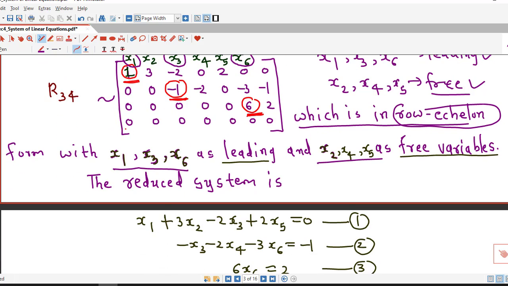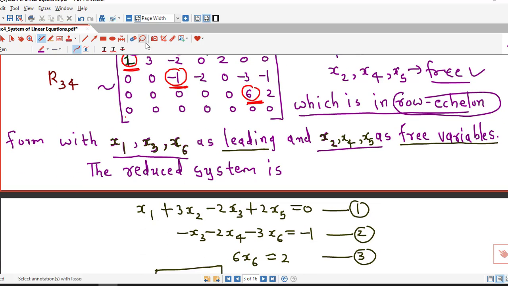So the reduced system is: 1 into x1, that is x1 plus 3x2 minus 2x3 plus 0x4 plus 2x5 equal to 0.